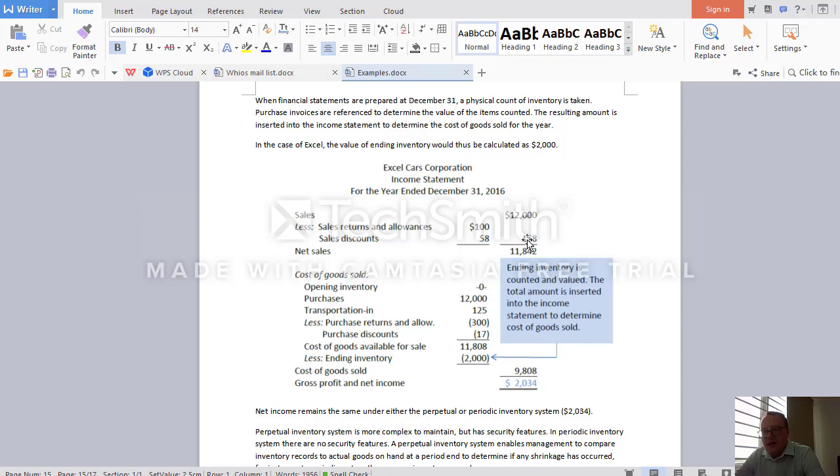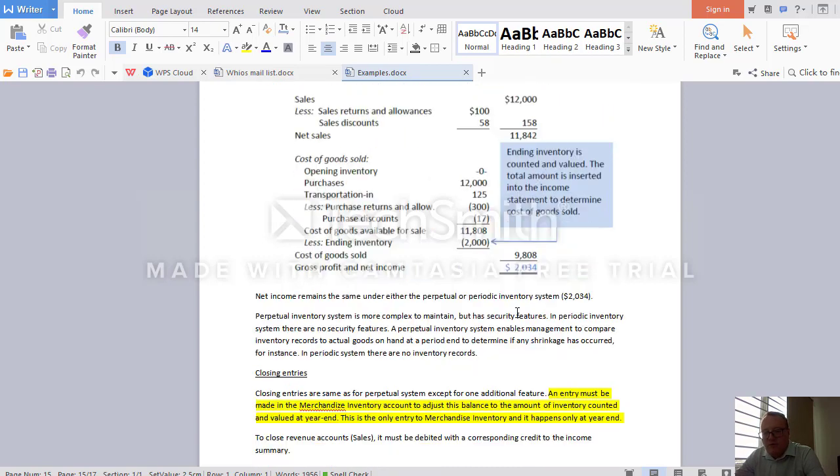And then it can be subtracted from net sales, and you can find gross profit and net income in the income statement. And of course it can be transferred to the retained earnings statement, and you can find retained earnings. And of course the balance sheet can be prepared. There will be ending inventory going there.